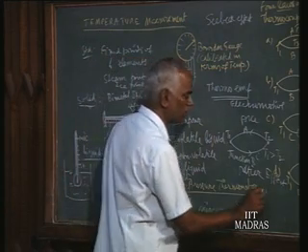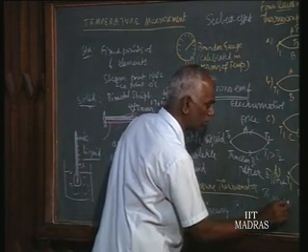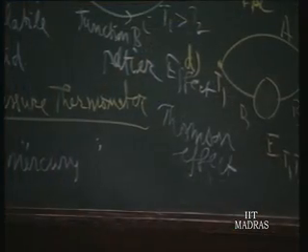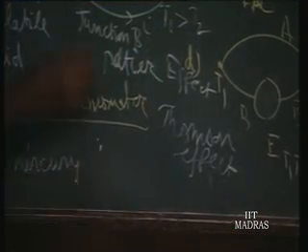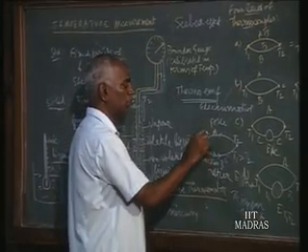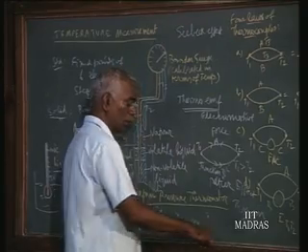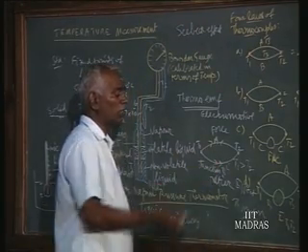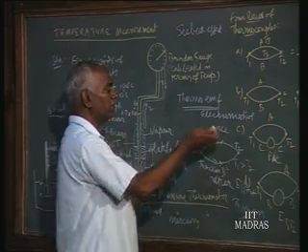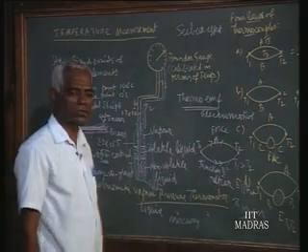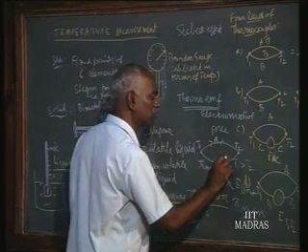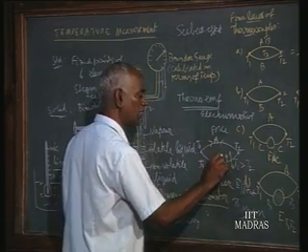Then one more effect, the Thomson effect, is when current flows and heat flows. Heat flows always from higher temperature to lower temperature. In wire B, the heat flow and current flow are in the same direction, while in wire A, the current flow and heat flow are in opposite directions. When the current flow and heat flow are in the same direction, heat is liberated to the atmosphere.